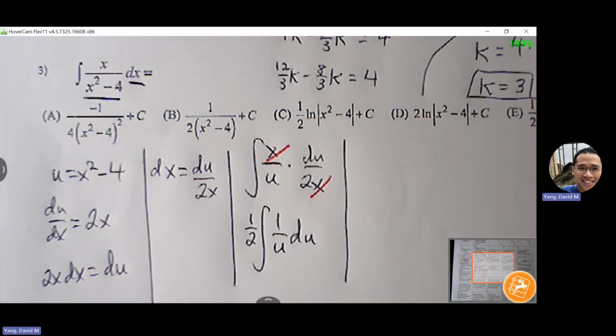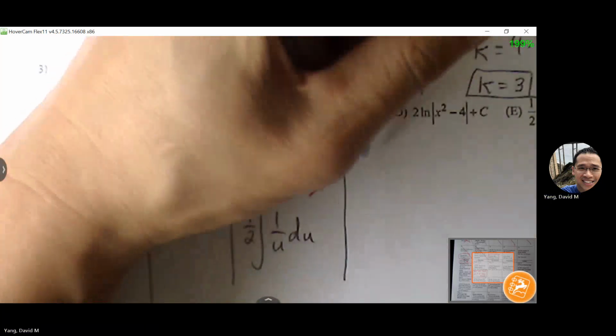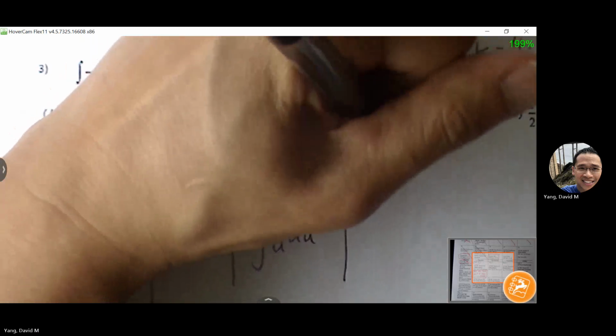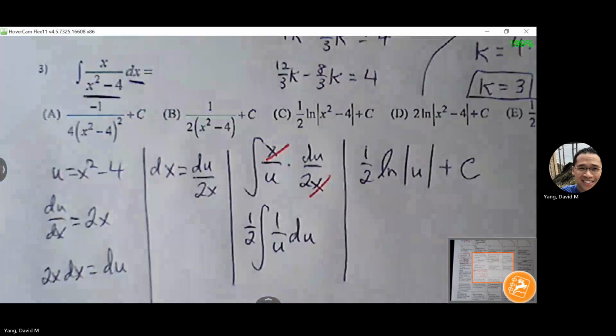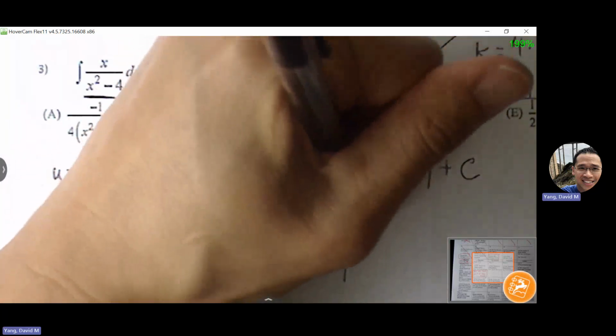Bring it up and do power rule, right? Yeah, so the only time you can do natural log is if it's u to the first power. I know sometimes we get caught wanting to do natural log every time, but pay attention to the exponent. If it's not exponent 1, we got to bring it up and do power rule. Okay, replace the u back in terms of x, and we have our answer.